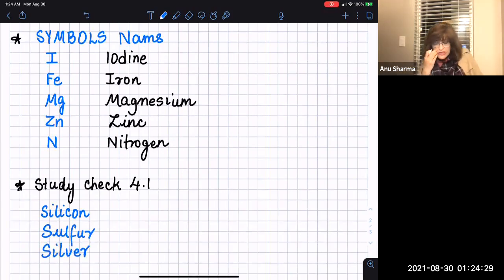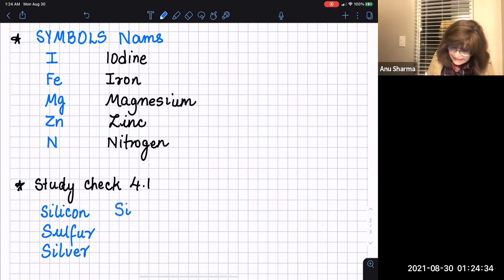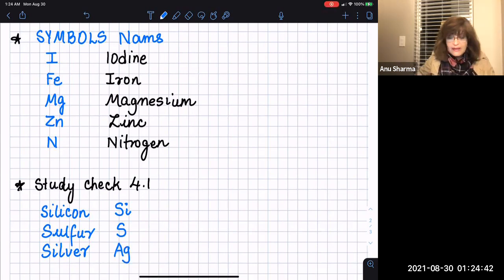So silicon, again, you have to memorize it. Silicon is Si, sulfur is just S, and silver is not something with S, but it starts with Ag.